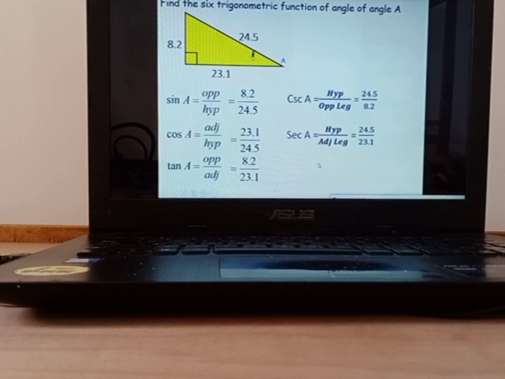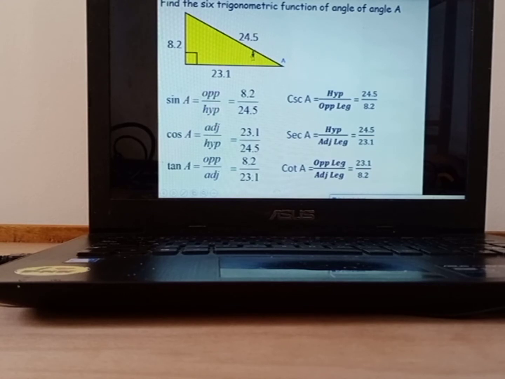So for our cotangent A, we have the inverse of tangent. So just get the correction only, class. Our formula for cotangent A is adjacent leg over opposite leg.